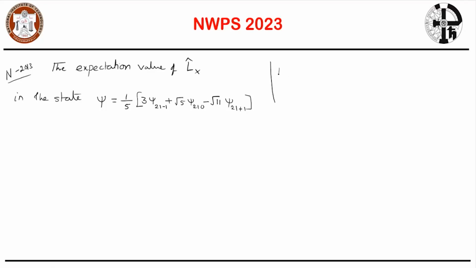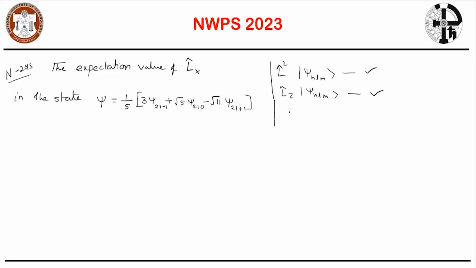For example, I know how L square acts on psi nlm, so I can find the expectation value of L square. I can find the expectation value of Lz because I know how Lz acts on this. But I don't know how Lx acts on this.